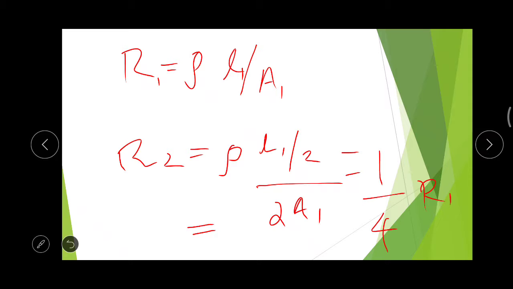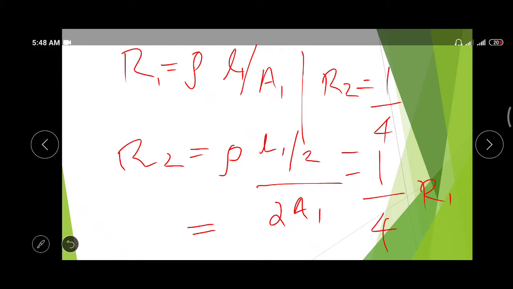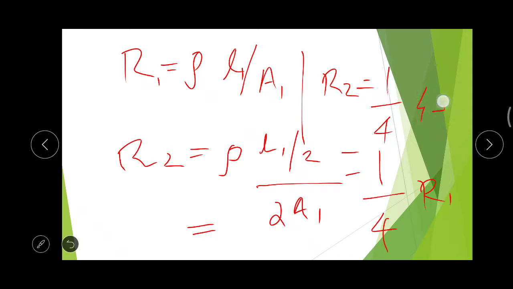If you substitute the R1 value here, R2 is equal to 1 by 4 times R1, where R1 is equal to 4 ohm, then the 4s cancel each other, and the remaining R2 will be equal to 1 ohm. Is it clear?